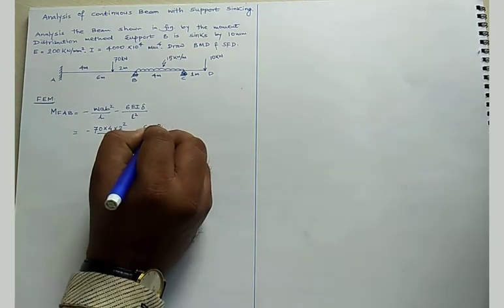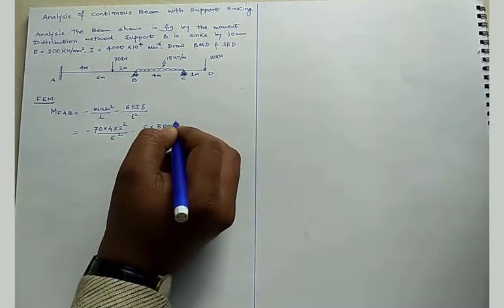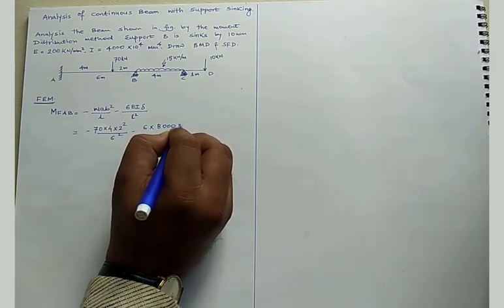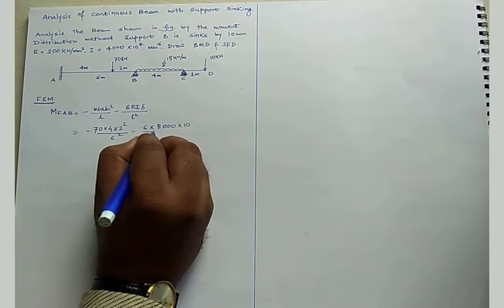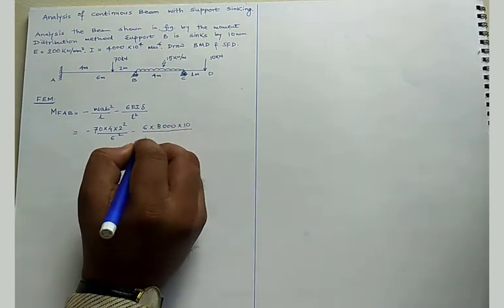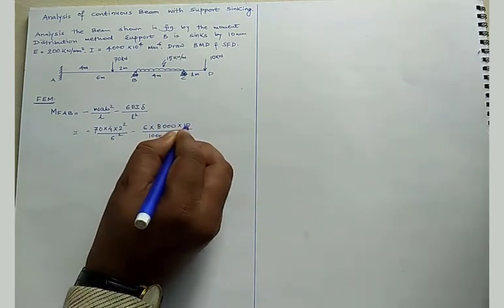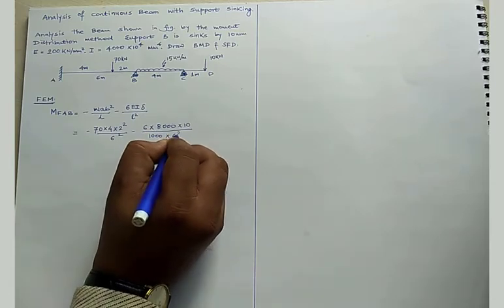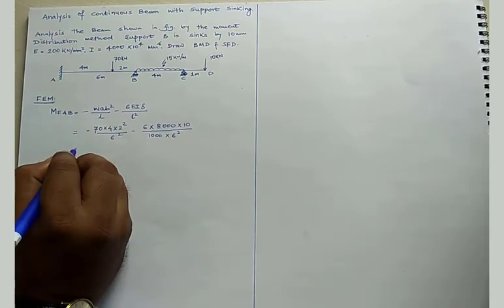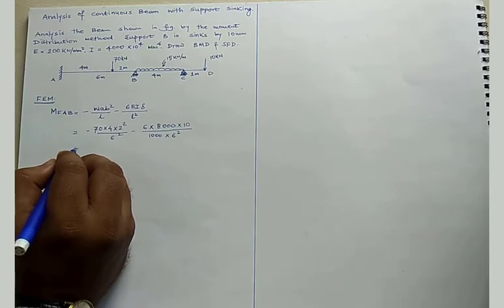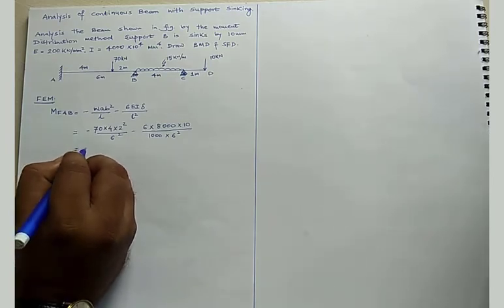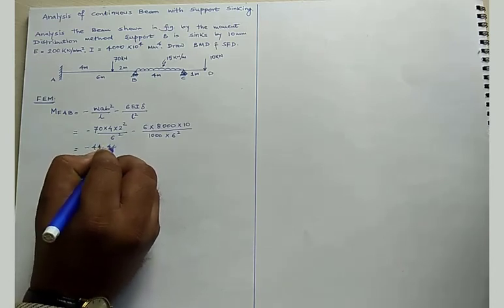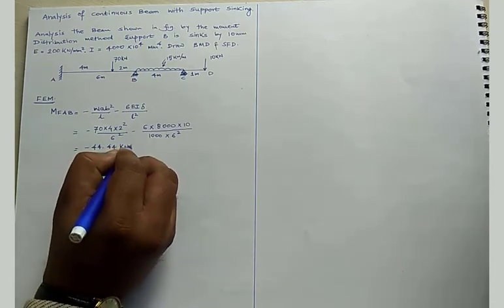So the value will become 8000 multiplied by the value of del, which is 10, divided by 1000 to convert this 10 into meter, multiplied with 6 square. So the final fixed moment AB, after calculation, we get as minus 44.44 kilonewton meter.